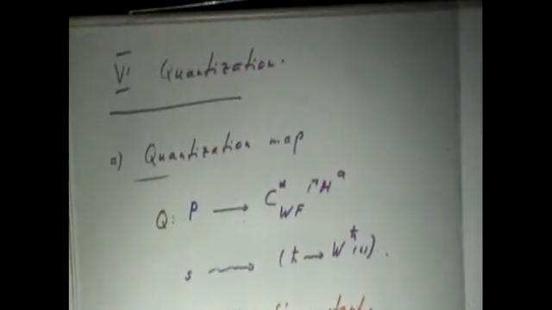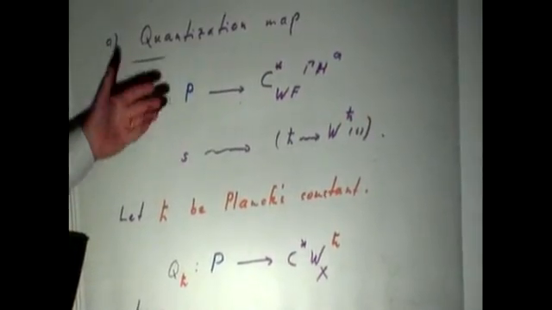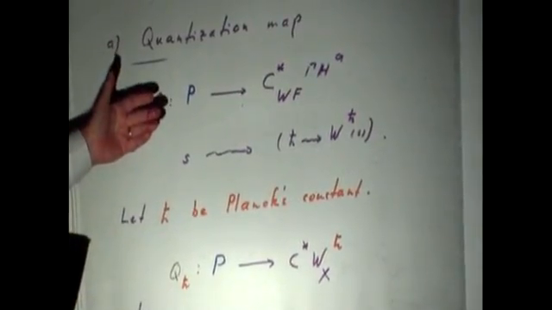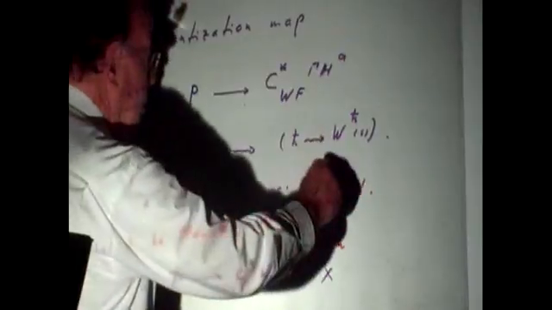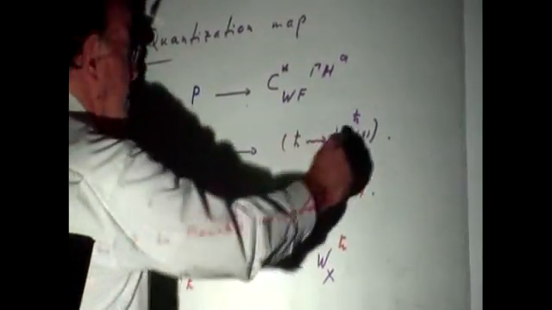Now, let me go to the quantization and prepare the whole quantization. We take the Poisson algebra, take a quantization map, and the quantization map associates to a section of the Heisenberg group bundle such a function. h goes over to the Weil element, but stretched by the factor h.